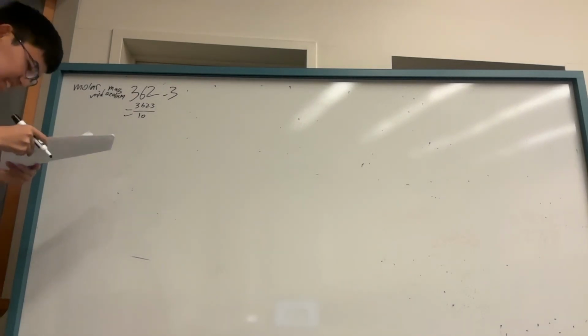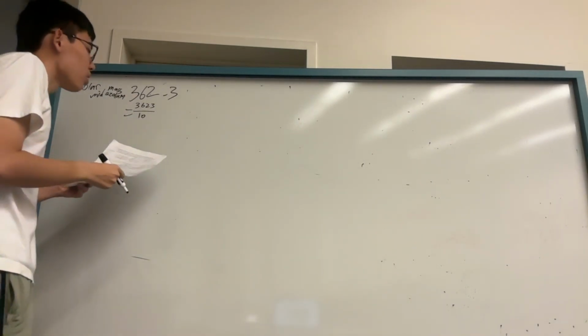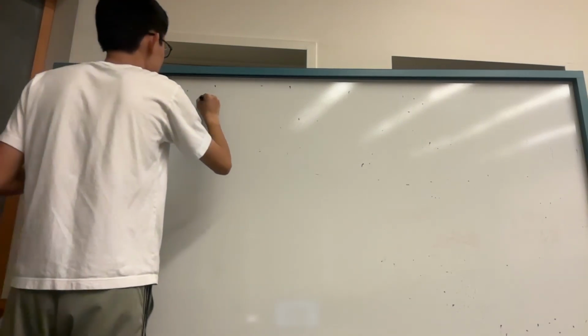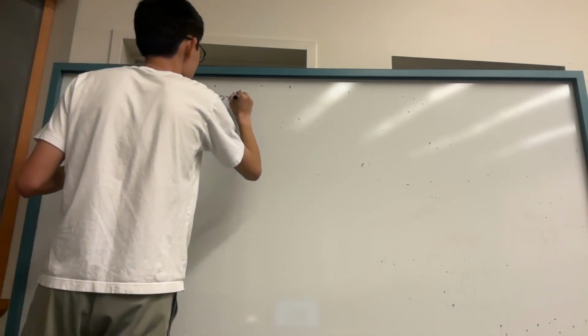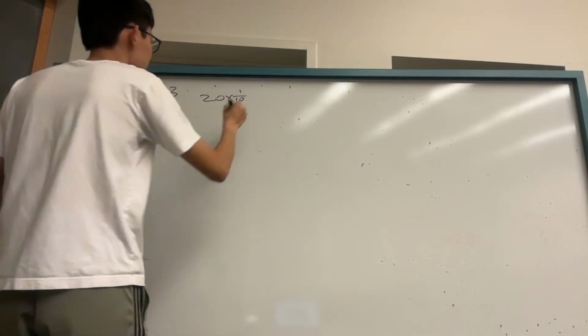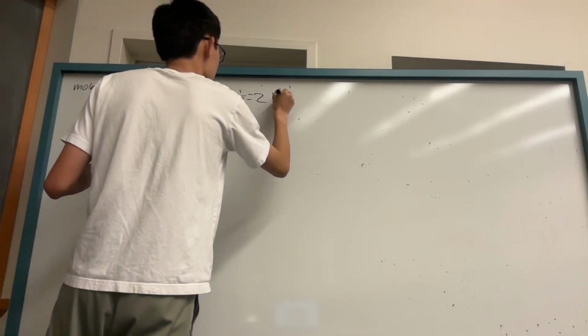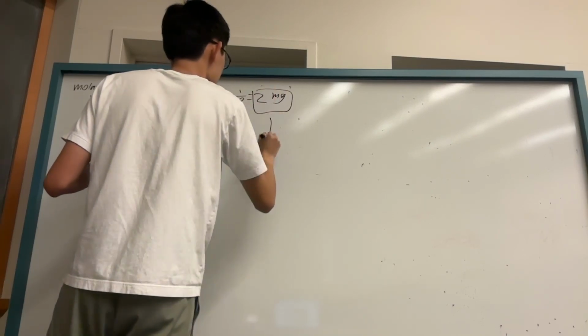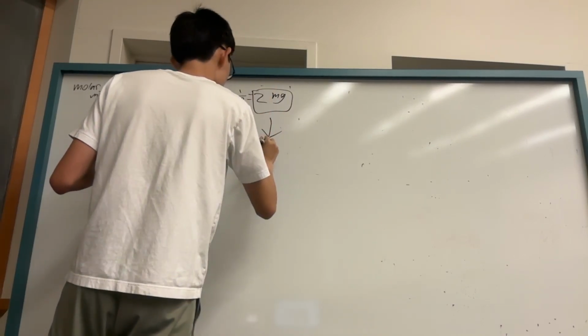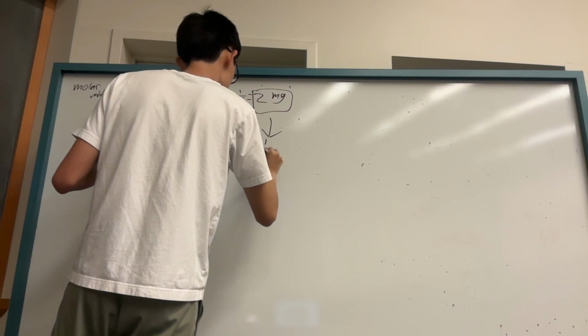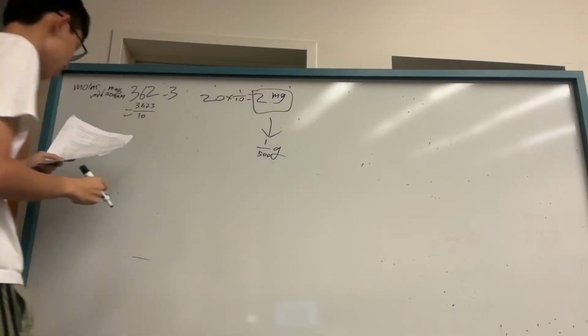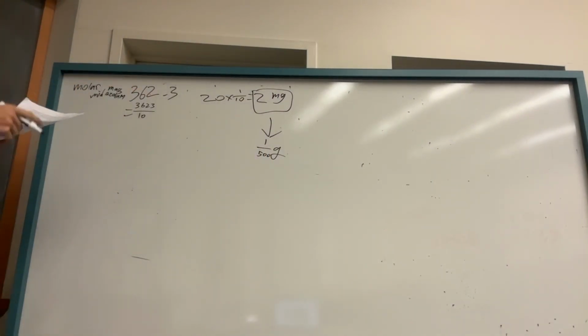And 20 times 0.1 is equal to 2 milligrams, which is the same as this many grams, 1/500 grams.